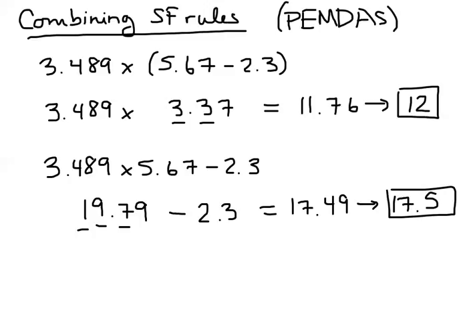For example, if I instead of 2.3 just had 2. We're specific now to the ones place, which means this would not be 17.5, it would be 17. Well, it would be 18. 18, yeah.